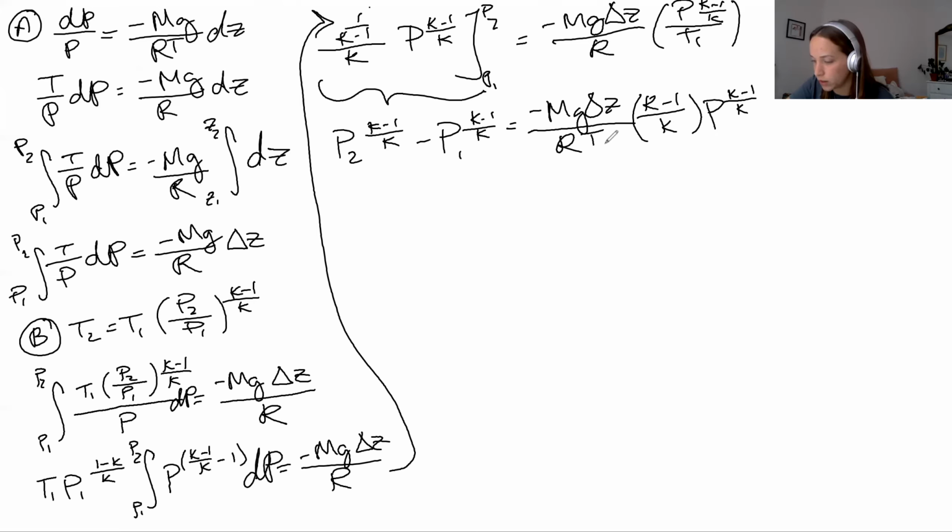We can stick it right there. Now you may notice that we have a P1 to the K minus 1 over K on both sides. So I'm going to move that over and sub that out, and then we're getting closer to solving for final pressure.